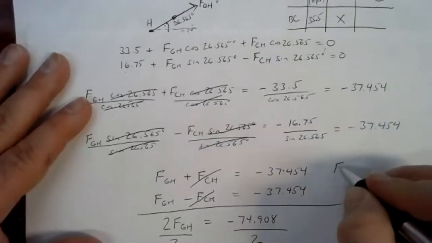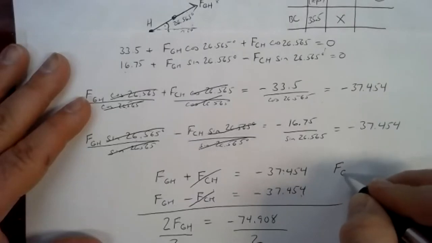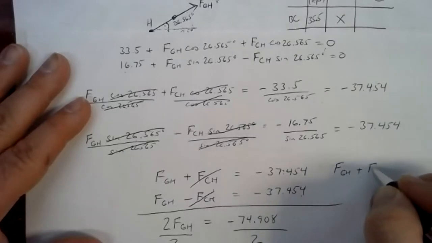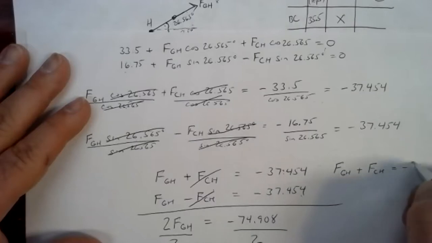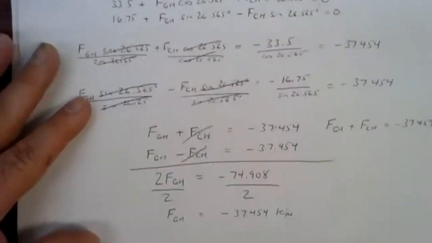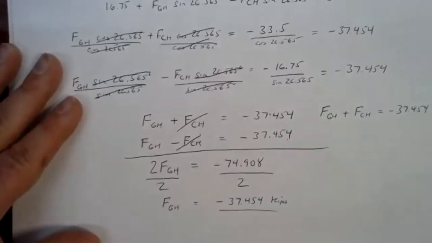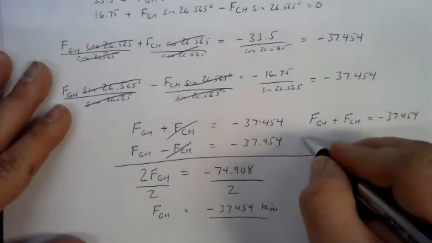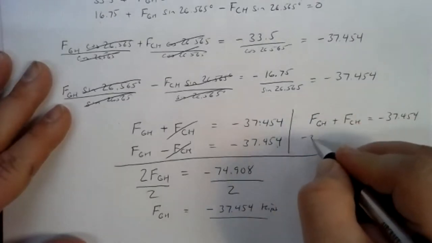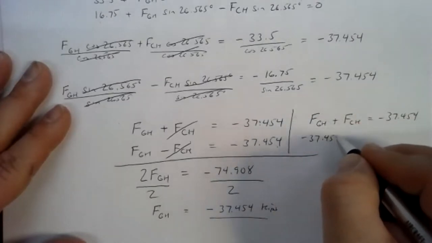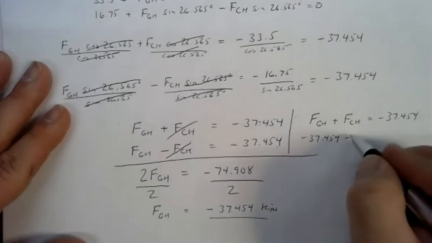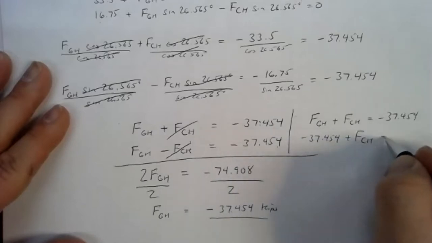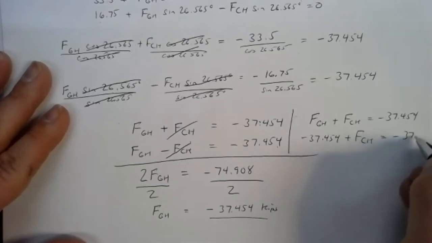So I'm going to use the first equation here, which was FGH plus FCH equals negative 37.454. And I'm going to plug in the value that I got here of negative 37.454 for FGH. So I have negative 37.454 plus FCH equals negative 37.454.